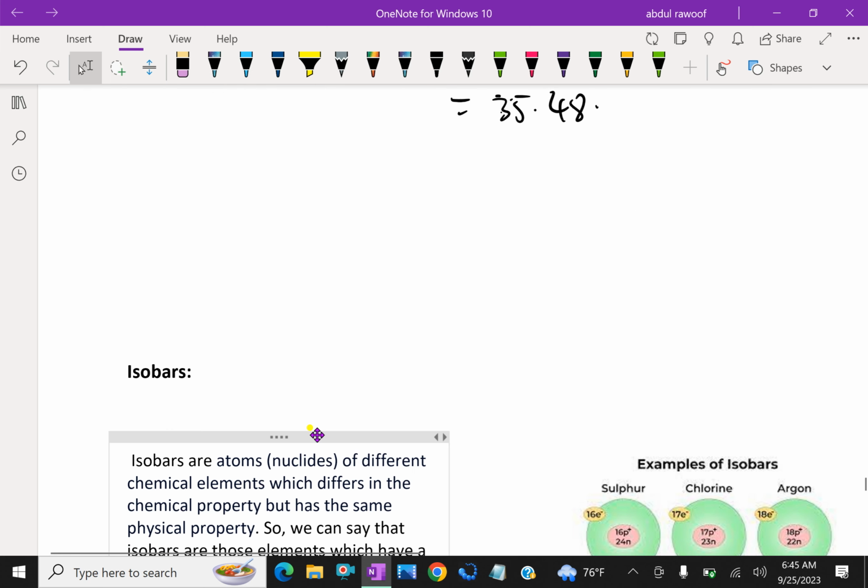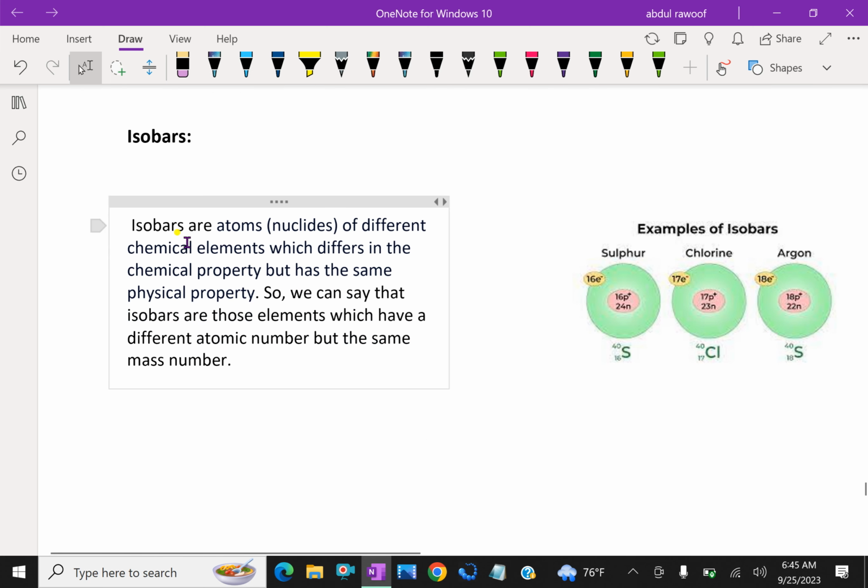Next is isobars. Isobars are atoms, that is nuclides of different chemical elements, which differ in chemical properties but have the same physical properties. So we can see that isobars are those elements which have a different atomic number but the same mass number.